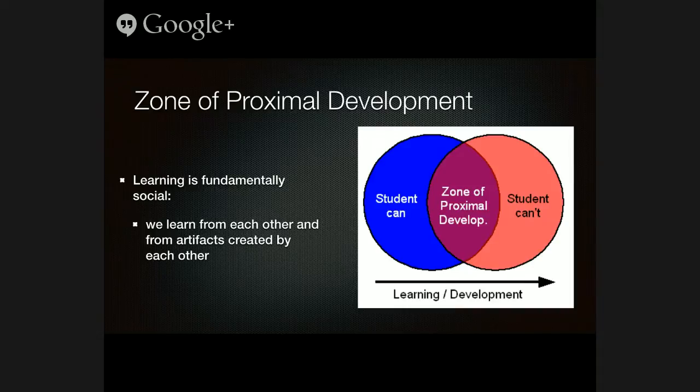And there's this notion of the zone of proximal development. This is one of Lev Vygotsky's contributions to the field, that states that if you roughly divide the world up into things that a student knows how to do and things that a student can't do, there's some middle ground where there are things that the learner, the student, can do with the help of a teacher, or with the help of a more capable peer, or with the help of an artifact built by a teacher or a more capable peer.